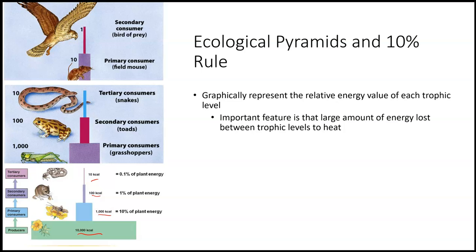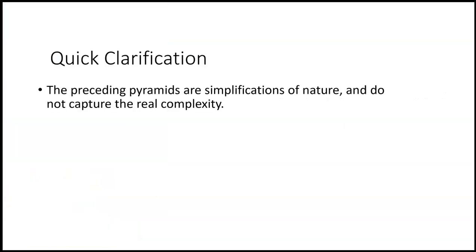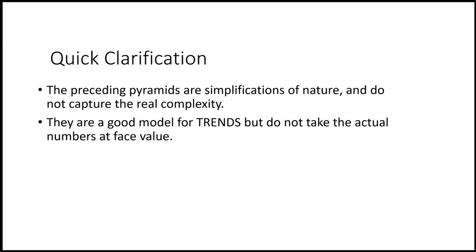They are ways of estimating the amount of energy, the biomass, and how many organisms there might be at each successive trophic level. It doesn't really capture the complexity of nature. They're a good model for the trends. They're a good way for understanding why we don't have very many trophic levels. They're a good way for understanding limitations built into our ecosystems caused by fundamental laws of nature.